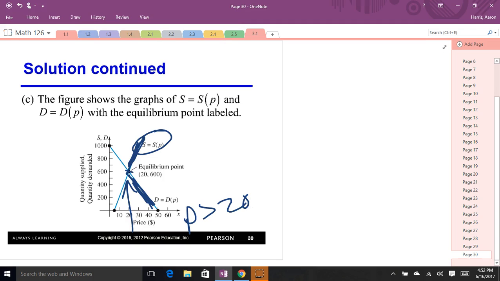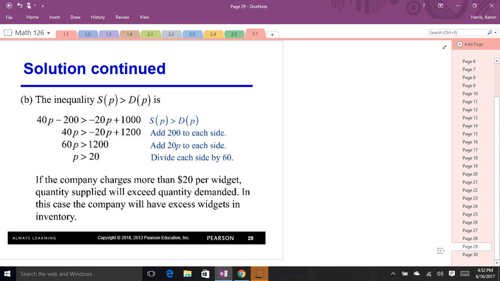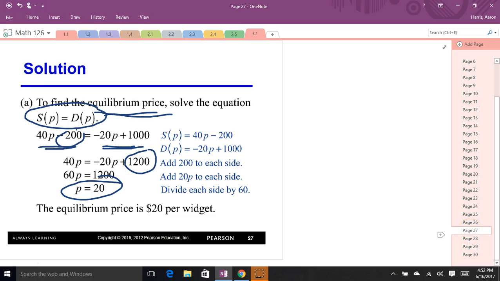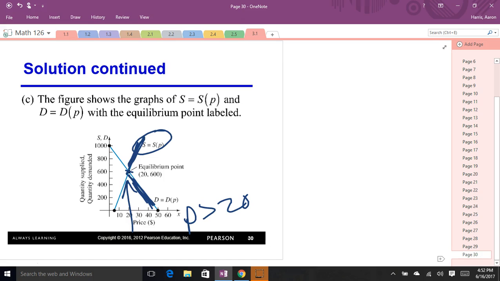Whenever that price is greater than 20, that's when your supply will be greater than your demand. So your algebra on that is you just take your supply, greater than sign there, greater than your demand. You solve that thing, and it'll give you the price for which that will occur, whenever P is greater than 20. Okay? That's when you'll have the excess widgets. And then finally, graph those two linear models.